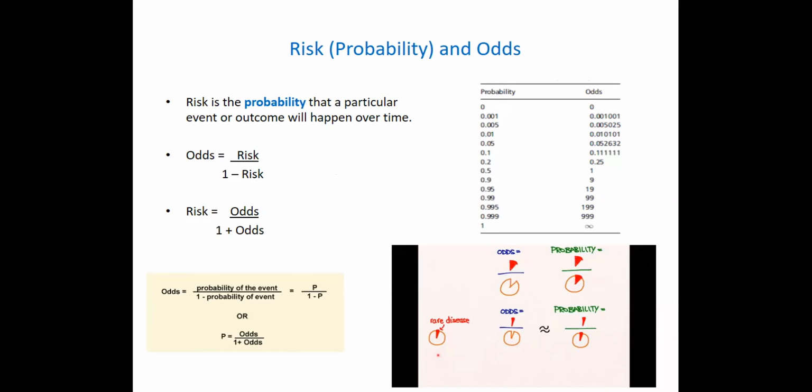Now, odds is risk over 1 minus risk. So if I say the probability that it will rain today is 0.6, 60%, what is the odds that it will rain? Please, it's a workshop. Let somebody calculate it. I don't know if you are following me.